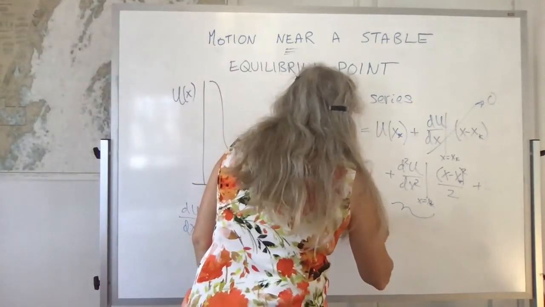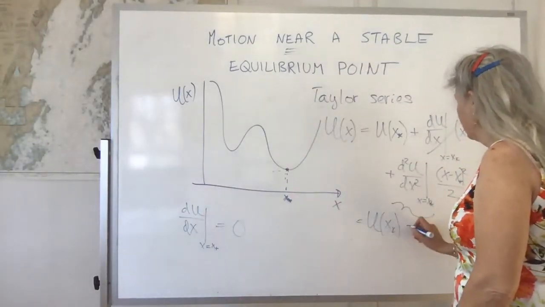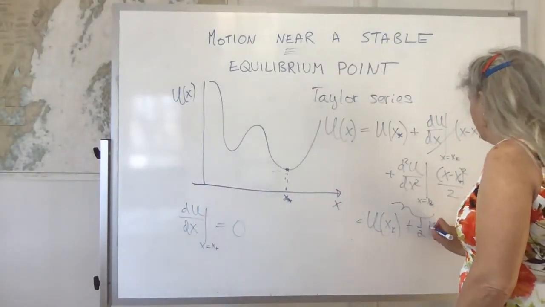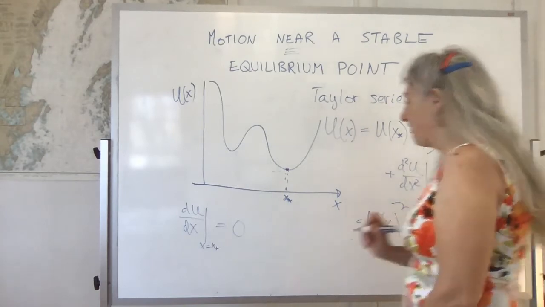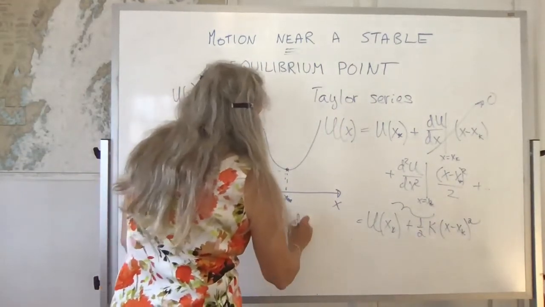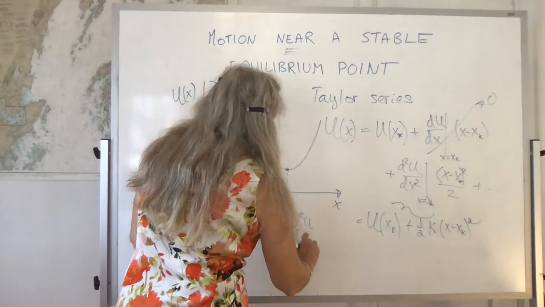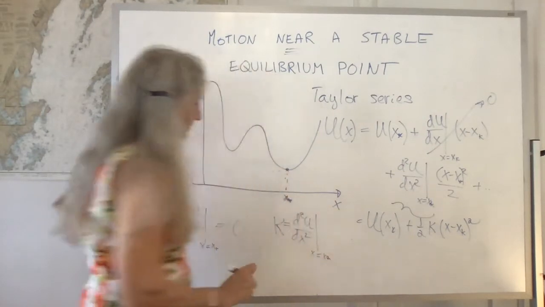So I could write the potential near the equilibrium point to look like this: 1/2 k (x minus x star) squared, where I define k as the second derivative evaluated at the equilibrium point.